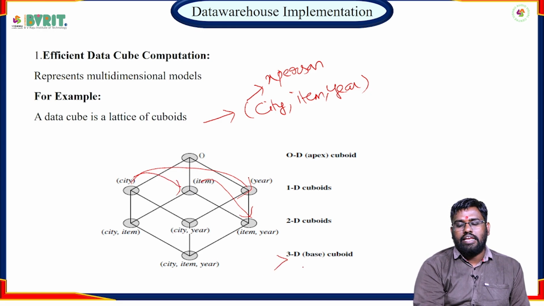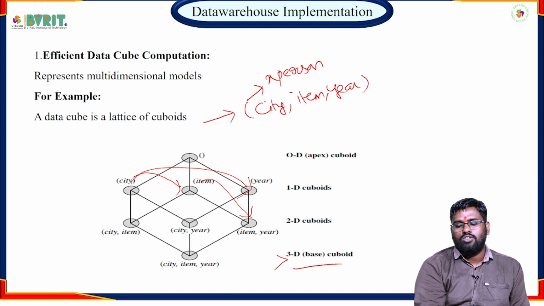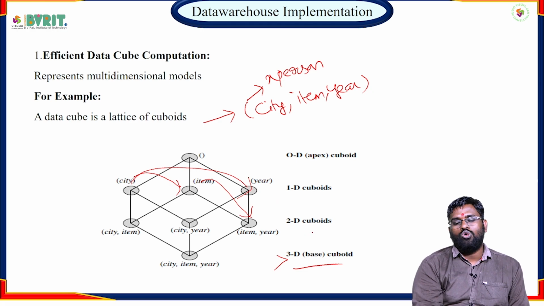Why do we call it a 3D cuboid? A 0D cuboid does not have any attributes. A 1D cuboid has only single-level attributes. A 2D cuboid has 2 attributes in each set. A 3D cuboid has 3 attributes in a single set. Like this, we distribute the data in the cuboids.